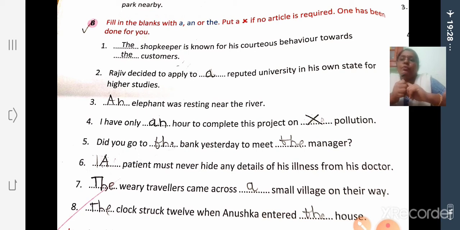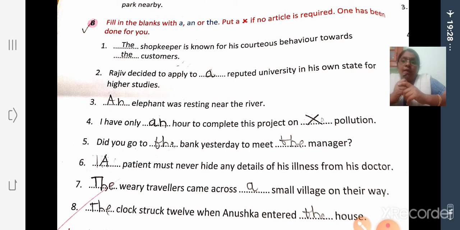Then, did you go to the bank yesterday to meet the manager? This is about a definite, particular person, a specific person. A dash patient must never hide any details of his illness from his doctor. A patient, okay, generalizing. Then, the weary travelers came across a small village on their way.